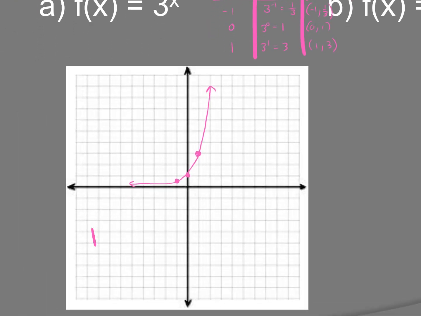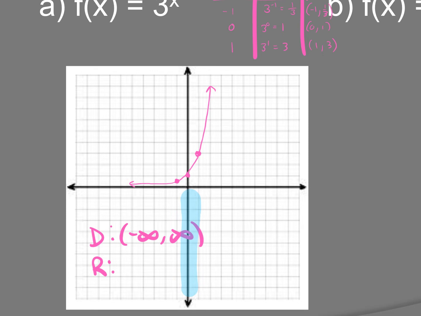Let's also find the domain and range of our graph. Domain is our x values. For exponential functions, it is always -infinity to infinity. And then our range, we start at our smallest y values and go up, and it's when our graph first touches.